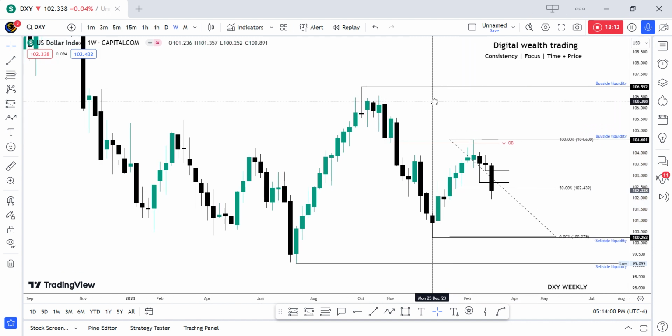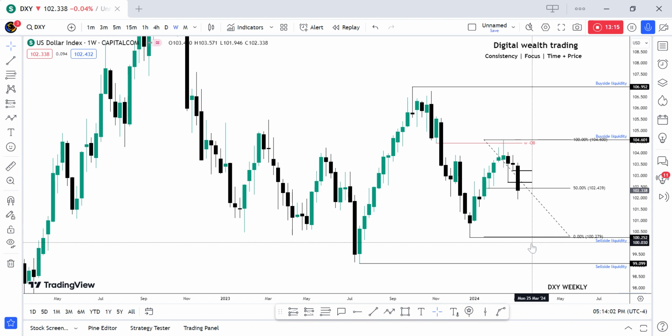So we have this, all right. We have this, and we can see that the 50% between this low and this high is here. Now, this will give us a good narrative: if the market gives us a bit of rally higher into this premium price, this could be a good potential to be a seller on the DXY.